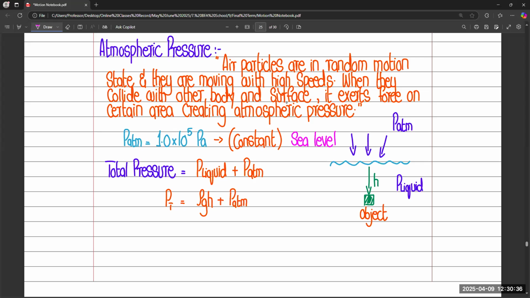But for example, if we move to some altitude, for example to some mountainous area, definitely the distance from the earth increases and the value of the height also increases. So in that case, what will happen to the atmospheric pressure? Let's see.